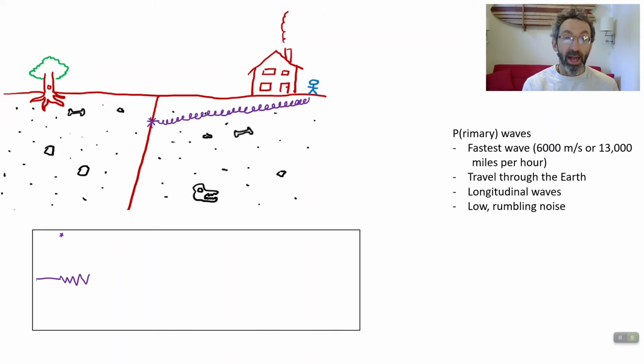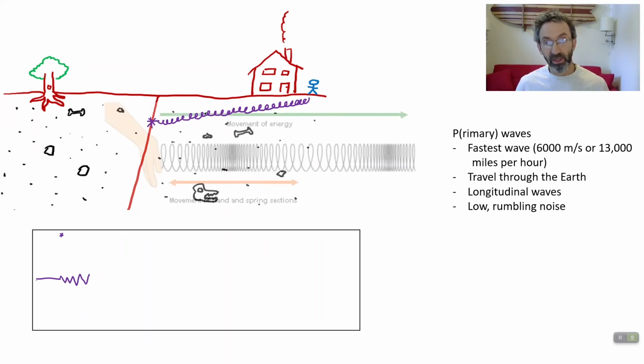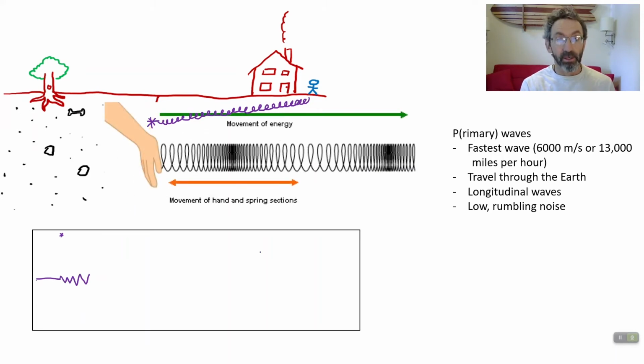The reason why I drew this wave as kind of like a slinky is because these travel as longitudinal waves. Just to give you an idea of what that means, imagine taking a slinky and instead of moving it up and down, you're pushing it back and forth. As that slinky compresses, we see an area here of compression, and this area of compression is what moves.